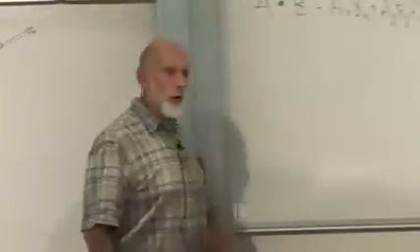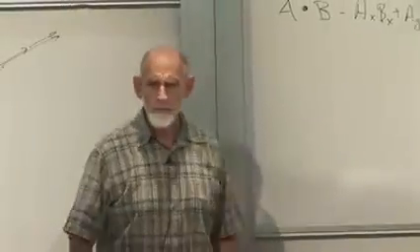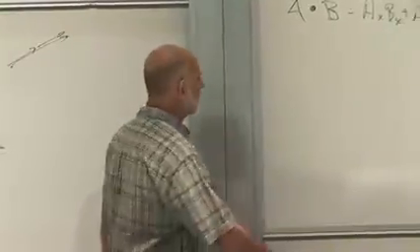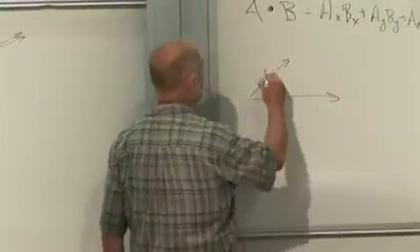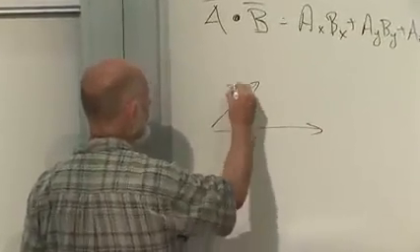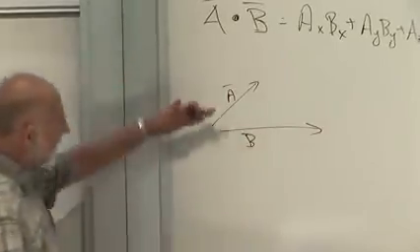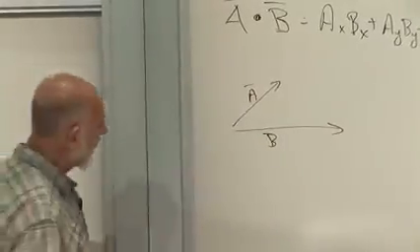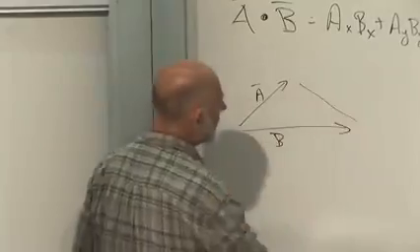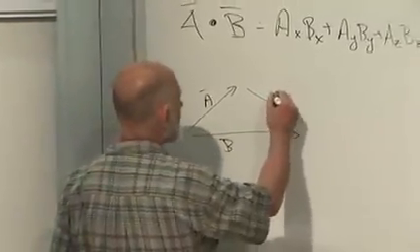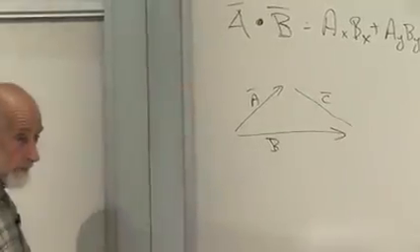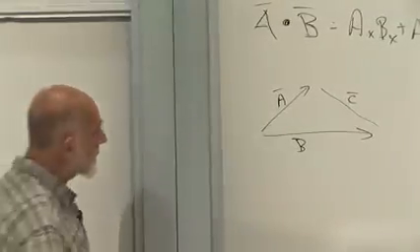Let's prove the law of cosines. This is a simple elementary thing. Supposing we have two vectors, A and B, think of them as two sides of a triangle, and we want to compute the length of the other side of the triangle. Let's call that C. C is equal to A plus B. How do we compute the length of C?